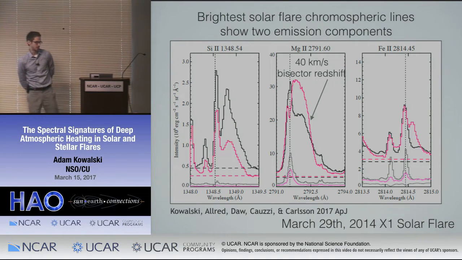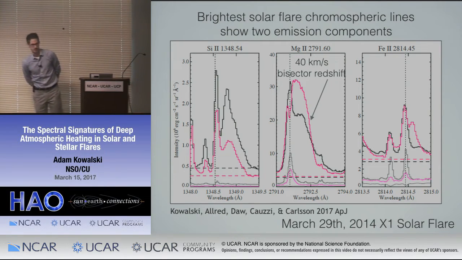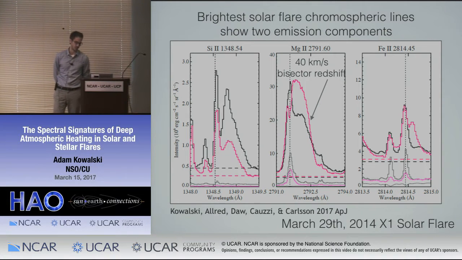These redshifted components were, we thought at first glance, similar to the redshifted H-alpha emission that has been traditionally observed in solar flares for decades. And so we called this redshifted component the red wing asymmetry, or RWA. I'm going to abbreviate it as that.